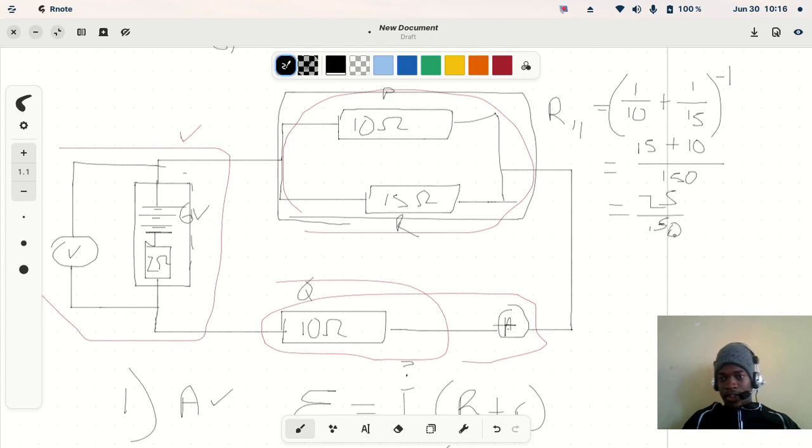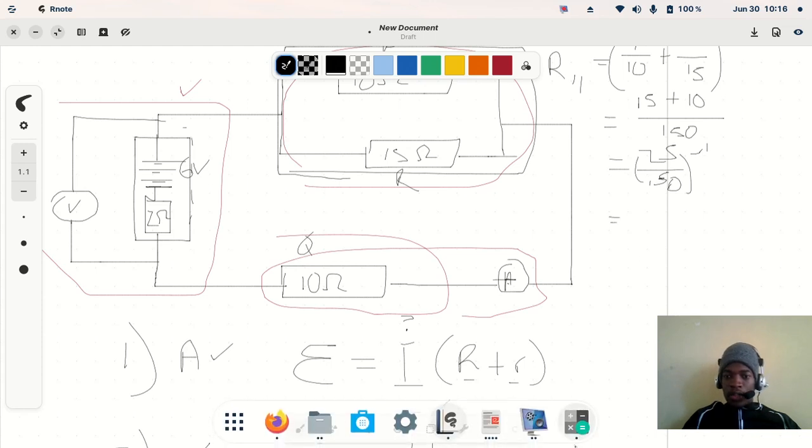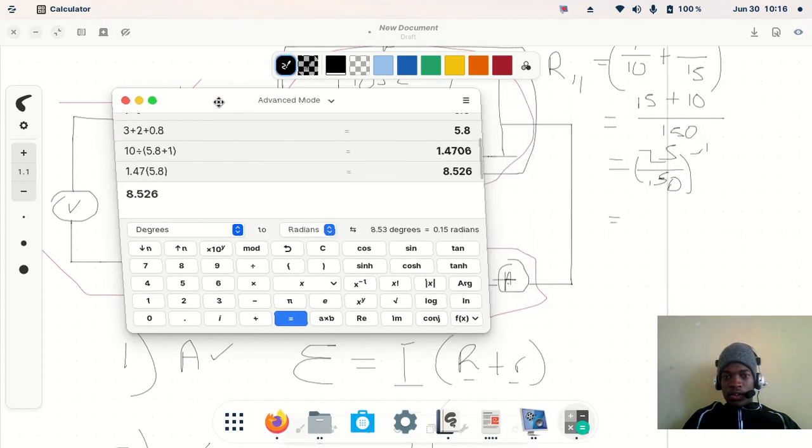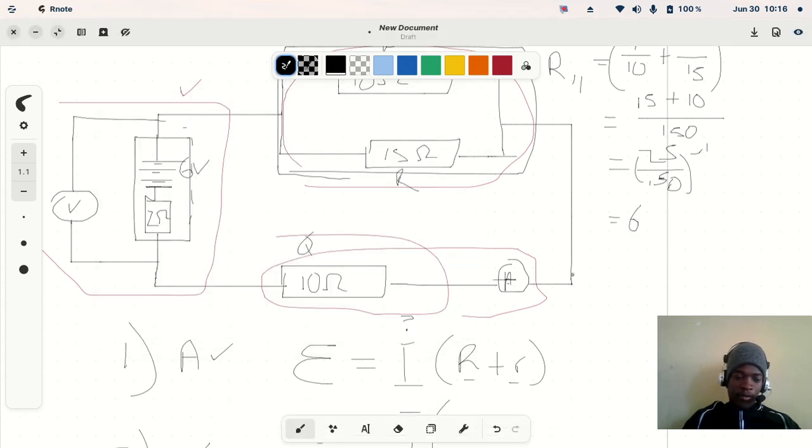Then we're going to do the math there, and remember we still have the negative 1 outside. So 25 divided by 150, in fact, what we're going to punch into the calculator is 150 divided by 25. You guys probably did it in the calculator already and have the answer, but anyways, we get 6 for that.